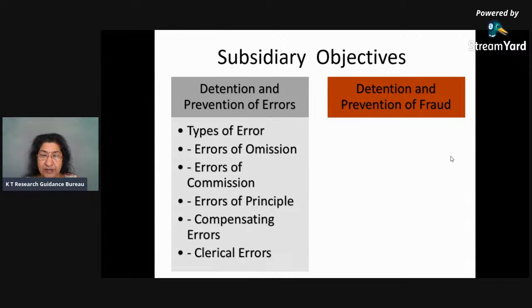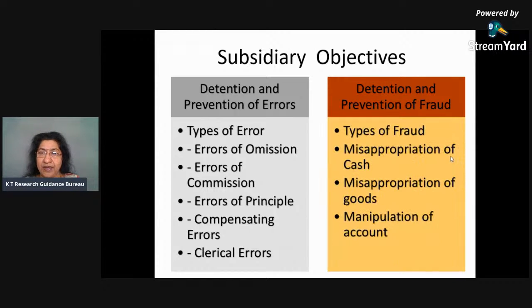Next is errors of principle. Next is compensating error and clerical errors. Mainly, these errors are happening when you write books of accounts. So these are some of the errors. I gave you the list.